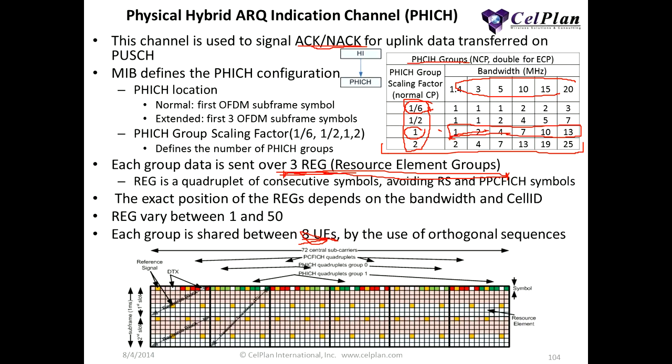Each group is shared by 8 UEs using orthogonal sequences. So when I say here that I have 13 groups in 20 megahertz, or let's say 10 groups in 15 megahertz, or 7 groups in 10 megahertz, it means that I can support 56 ACK/NACKs from 56 UEs per TTI.